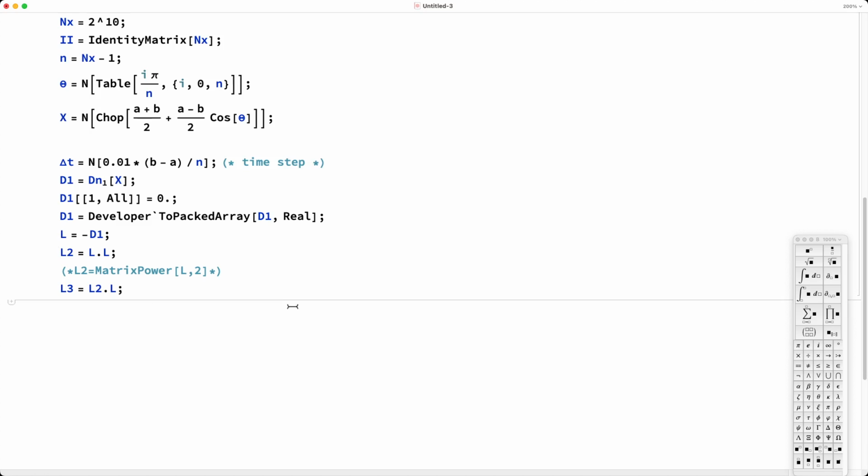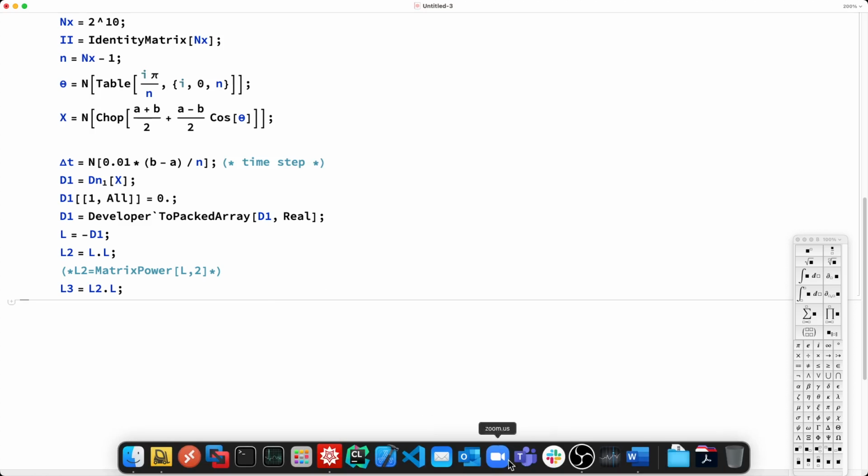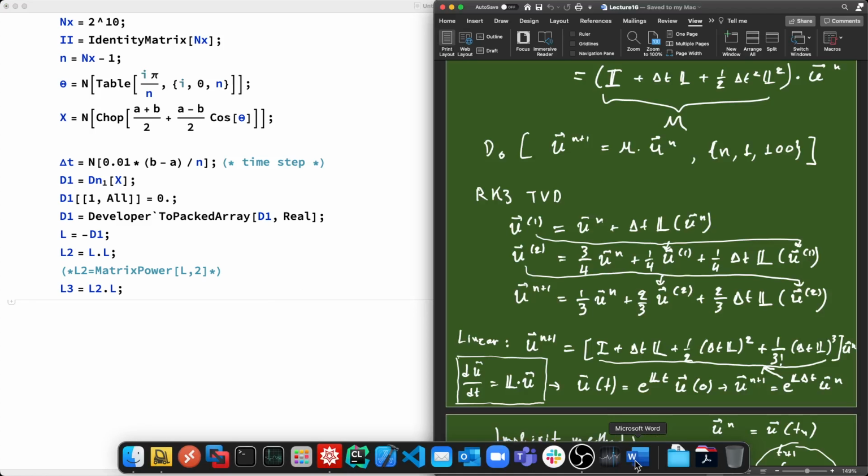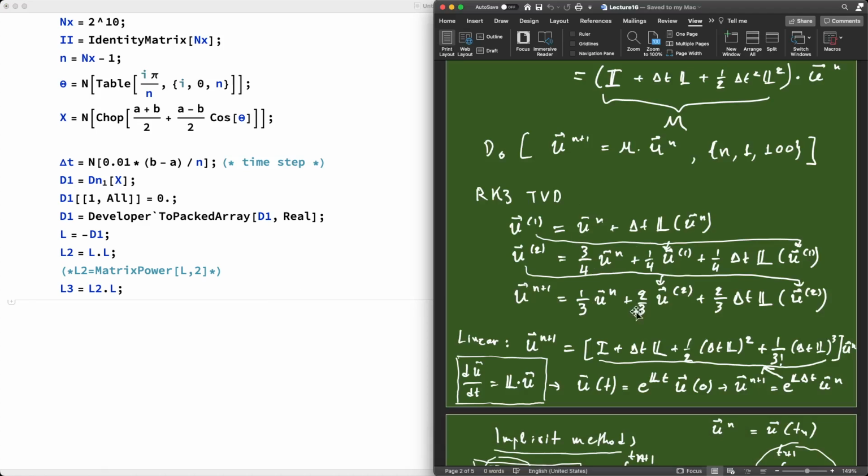Okay, so we could implement the Runge-Kutta method in this way. So in each time step I could compute a vector u1 intermediate from this formula, another vector u2, and then plug those in here in this expression and compute the next step. We could do that, but in this case we can do things a little simpler.